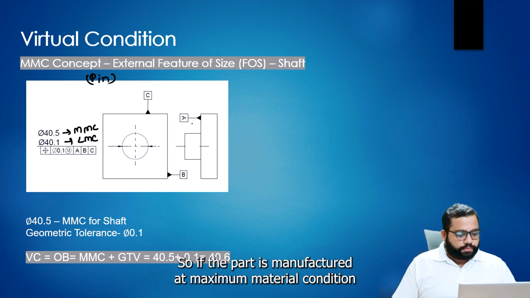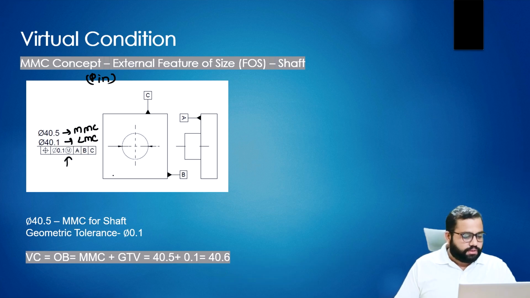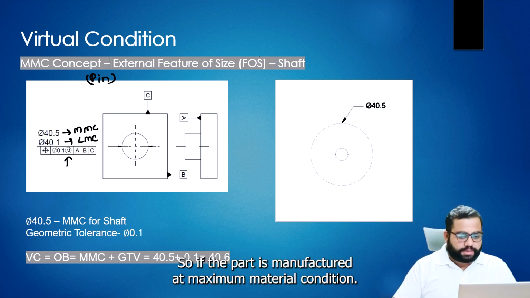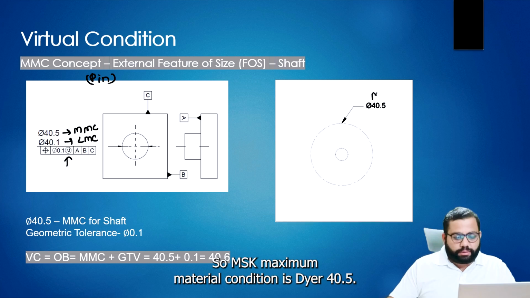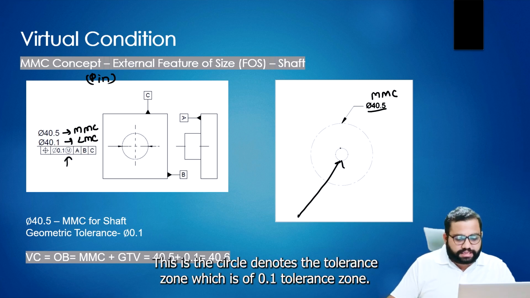If the part is manufactured at maximum material condition, because the modifier we have used here is MMC, then maximum material condition is dia 40.5. This circle denotes the tolerance zone, which is dia 0.1.